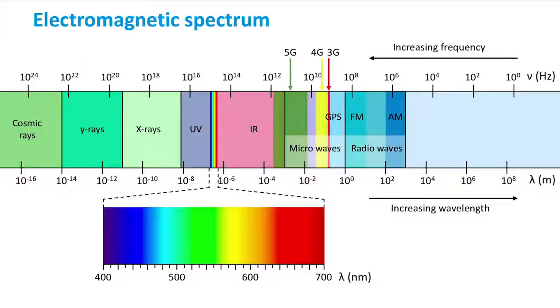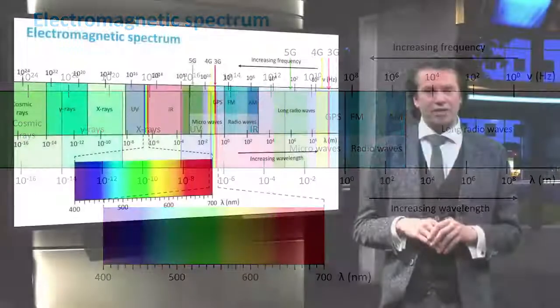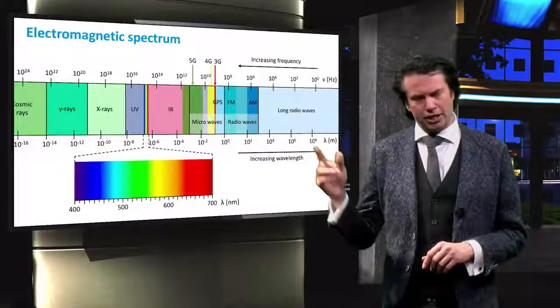FM radio waves are in the small wavelength part of the radio wave spectrum, while AM waves have a large wavelength. Even larger wavelength photons, ranging from 1 kilometer to over 1 million kilometers, are considered long radio waves. In photovoltaics, we are mainly interested in ultraviolet, visible and infrared light, as we will see in a moment.